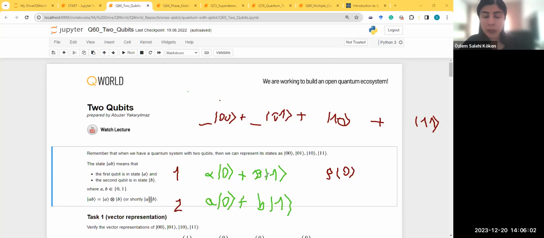I have this qubit in state alpha 0 plus beta 1, and I'm making a measurement, and I'm asking what is the probability that I will observe a 0 state. Okay, there is alpha modulus squared.